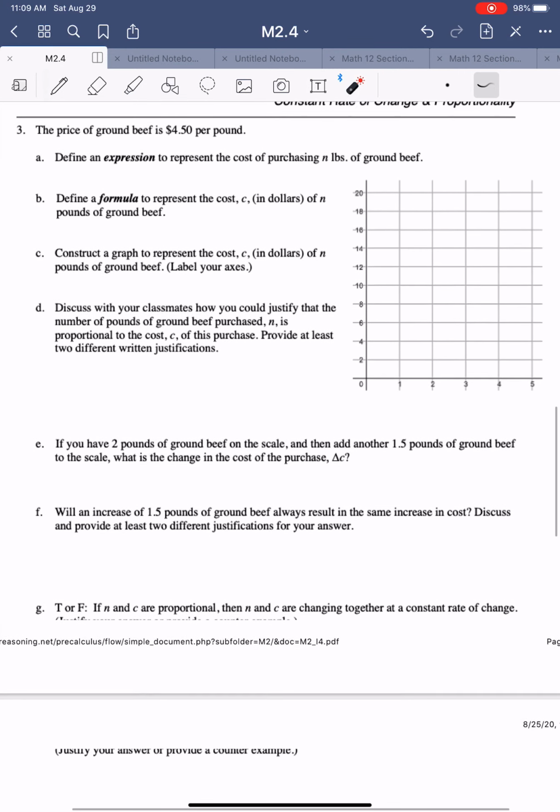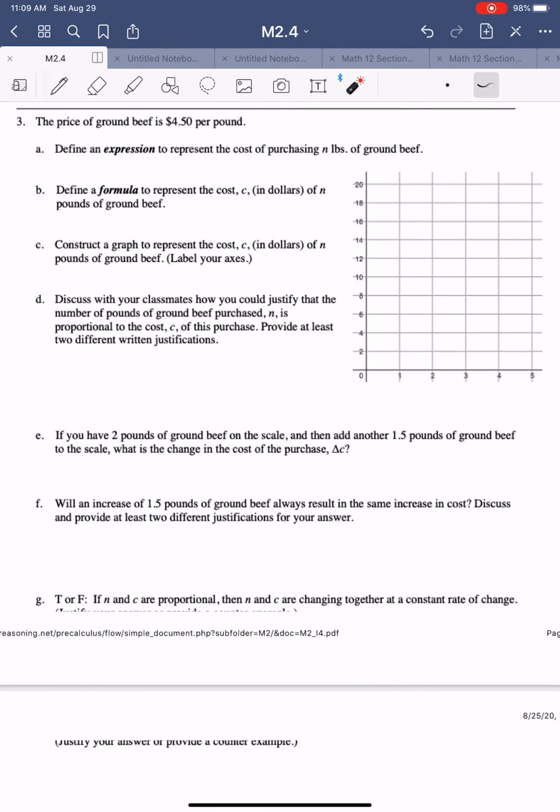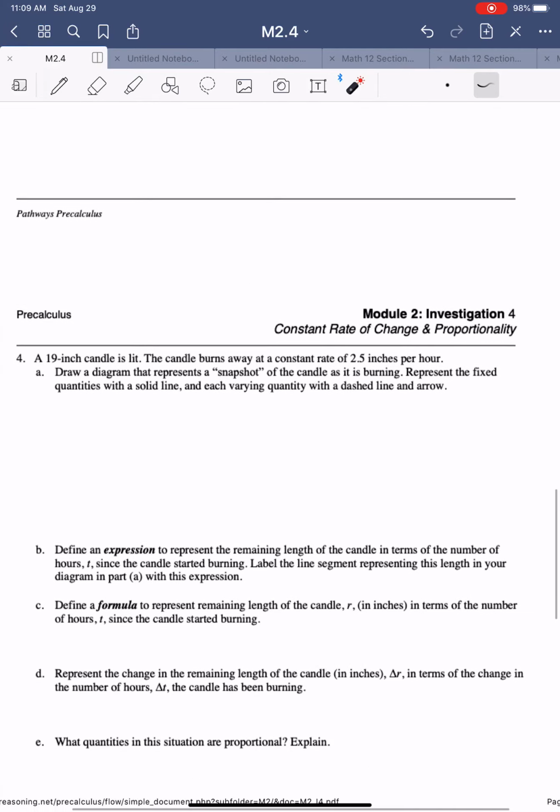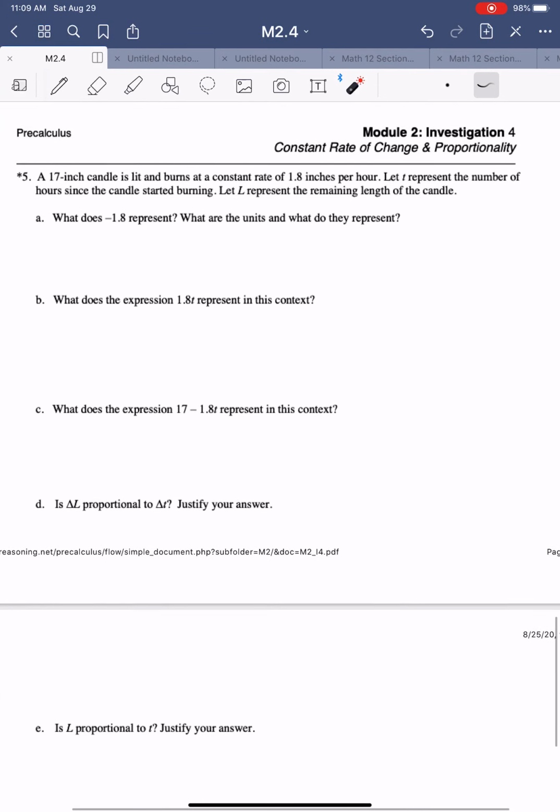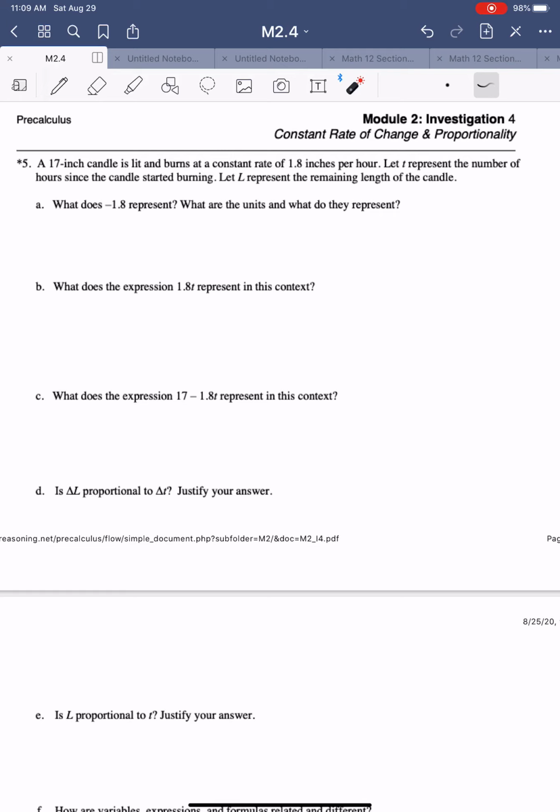All right, let's go to number 5. In number 5, a 17-inch candle is lit and burns at a constant rate of 1.8 inches per hour. Let T represent the number of hours since the candle started burning. Let L represent the remaining length of the candle. Let me draw a picture of the candle situation.